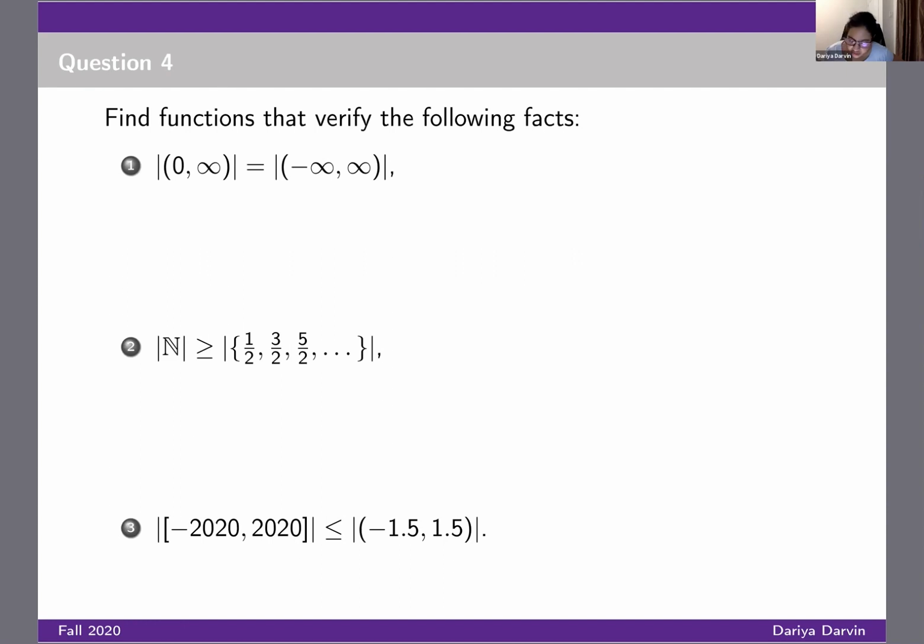What will g of half be? Is that right? No. You're adding, it's not a bijection. Let me think. Okay, so which number will give you, let's say this is 0 to infinity, so 1/2 is in here. And if I want it to be a bijection, there should be some input giving me 1/2 as an output.